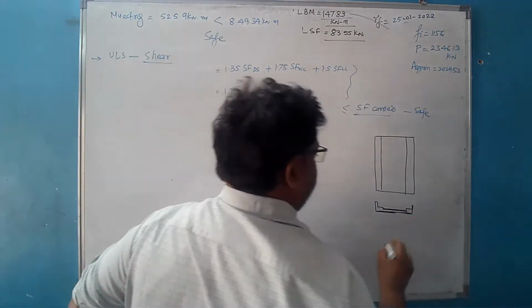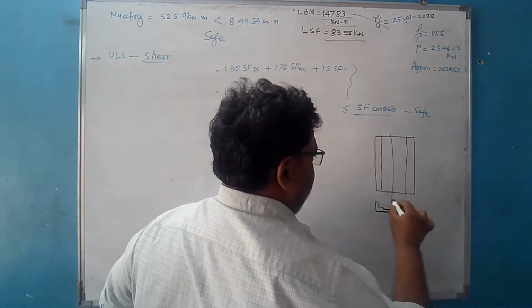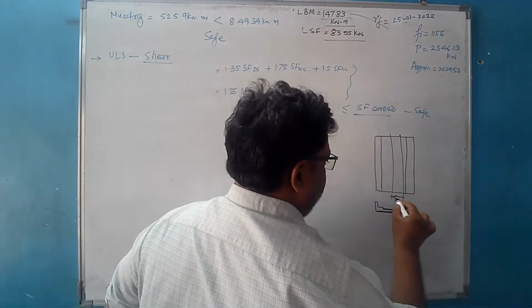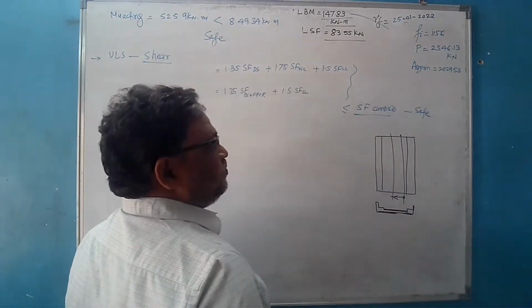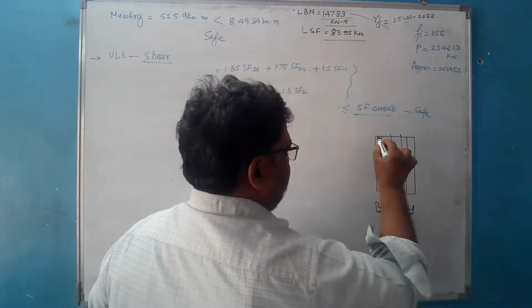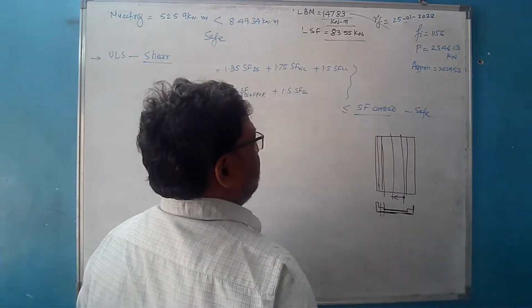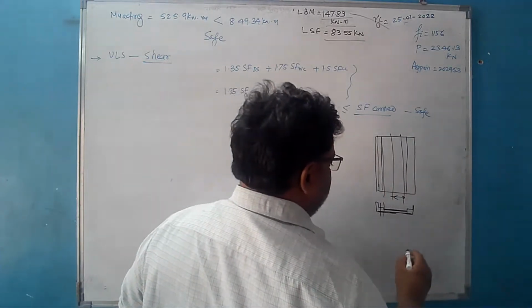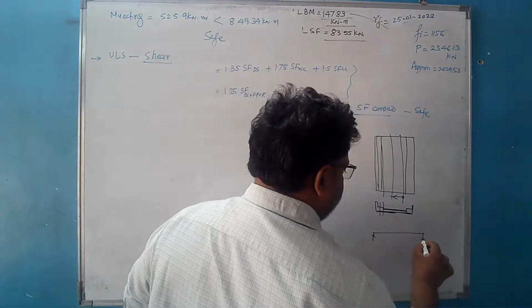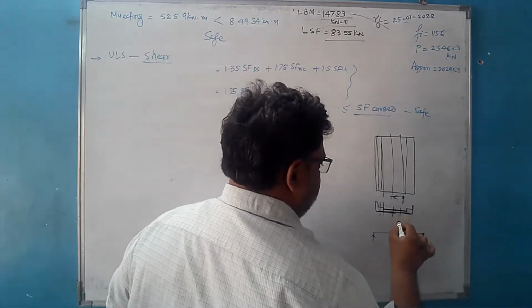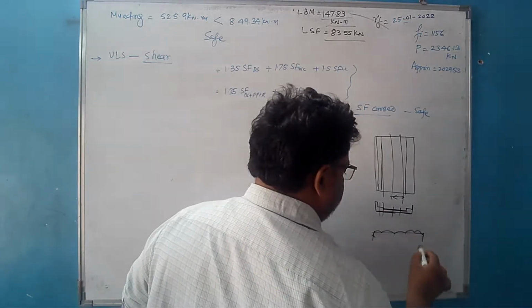The carriageway width is also there. First, we had considered a 1 meter wide strip from the carriageway width. Then we had considered a 1 meter wide strip passing through the footpath. And we had determined the self weight of this deck slab.